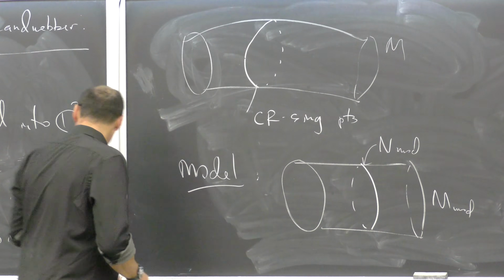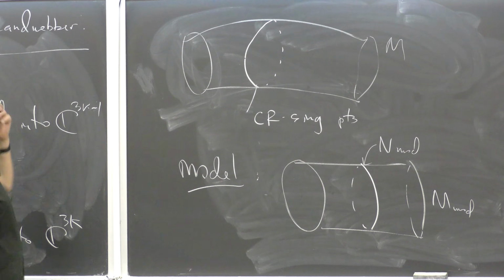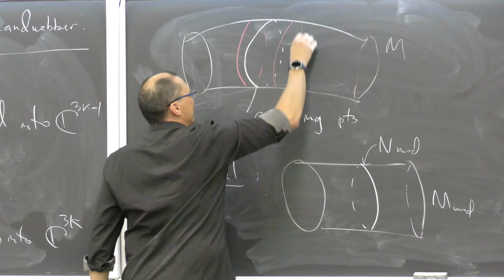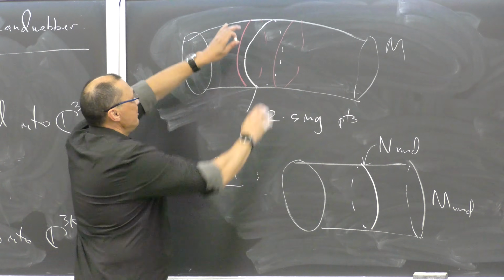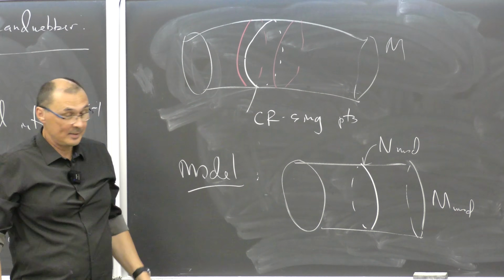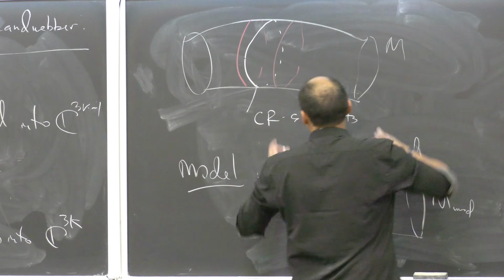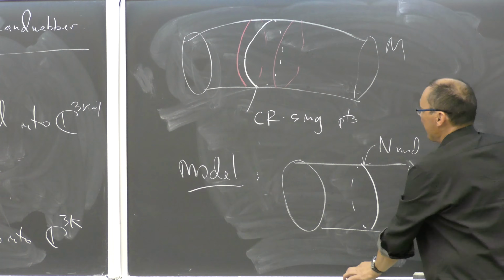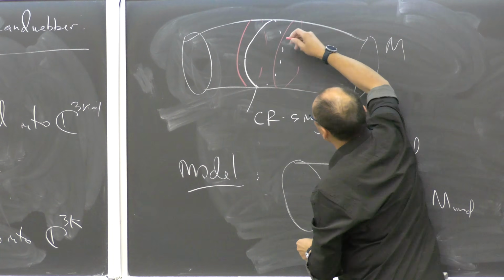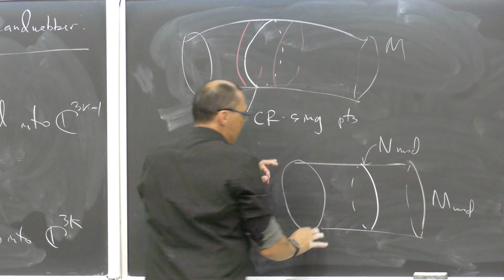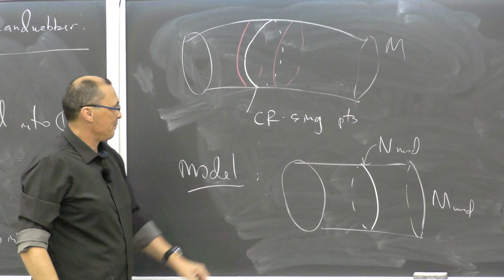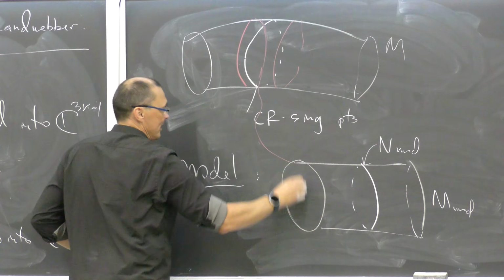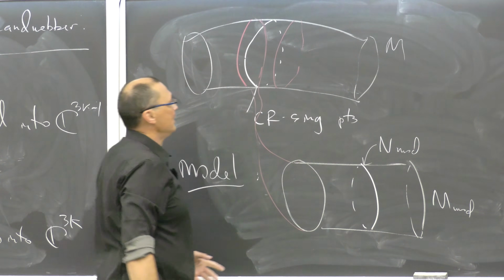And the idea is to cut out a neighborhood here, remove it from the manifold, and then glue in the model. But you want to glue it in a way so that, this picture is completely misleading for dimensional reasons, but the idea is that you would glue it like this.